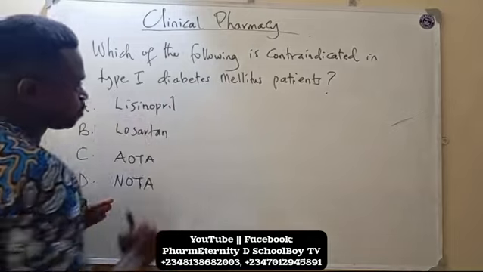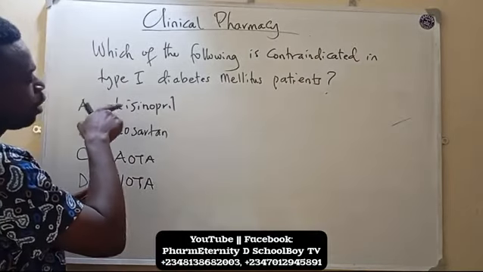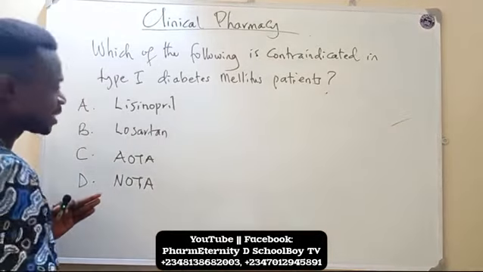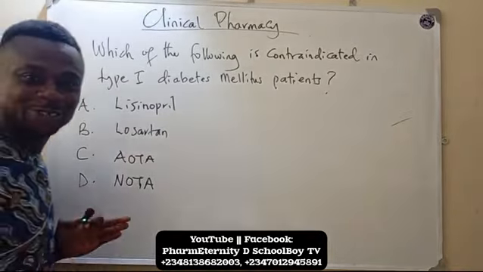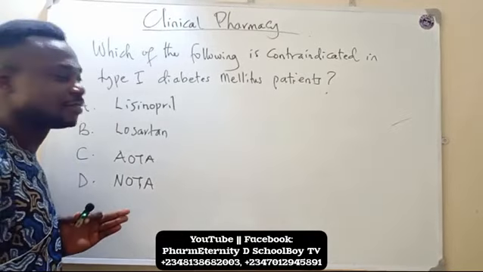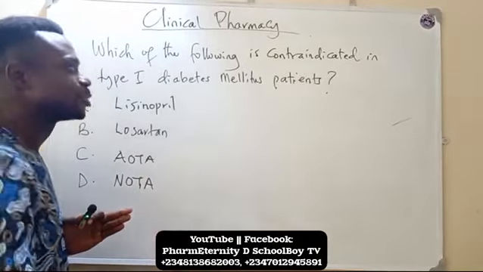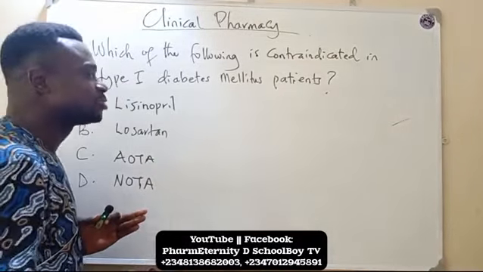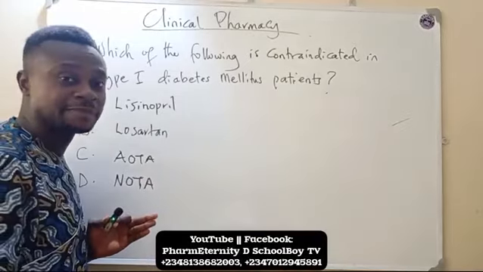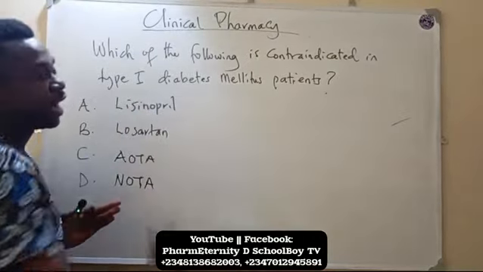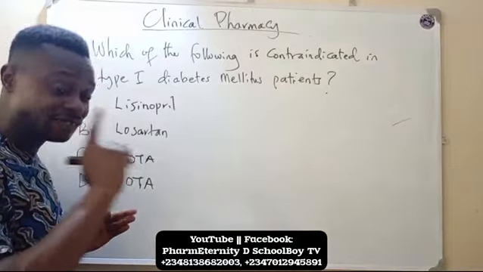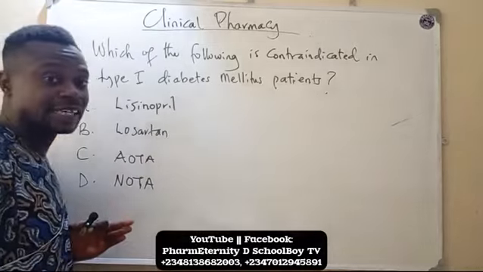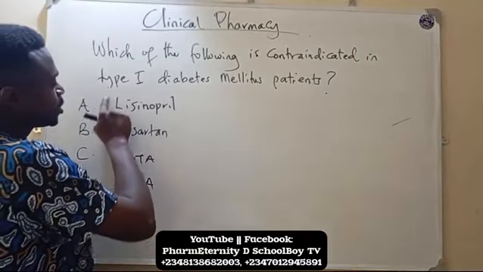So now let's look at this. We want to know which of them is contraindicated. Basically, none of them is contraindicated. In fact, they are the best choice when it comes to patients with type 1 diabetes mellitus and hypertension. In fact, the first line is angiotensin converting enzyme inhibitors, to which lisinopril belongs.